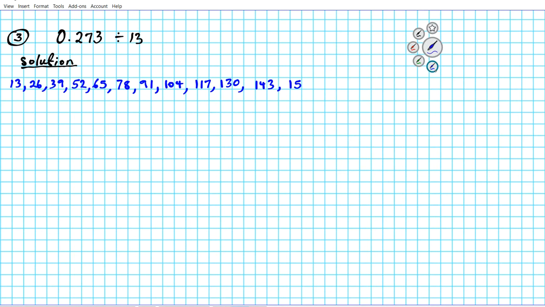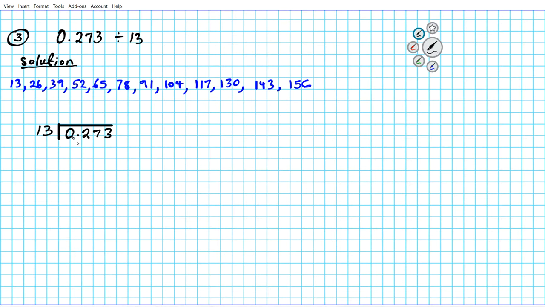All right, so let's go ahead and get started. We're going to write it as 13, the divisor, goes first, divided by the decimal, which is our dividend. It goes underneath the long division bars, 273.